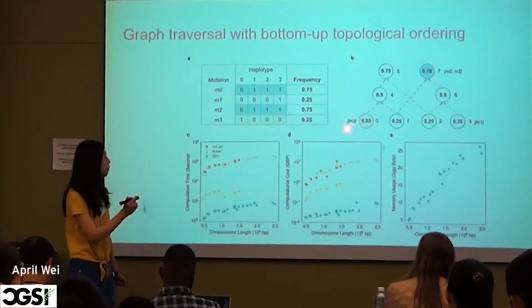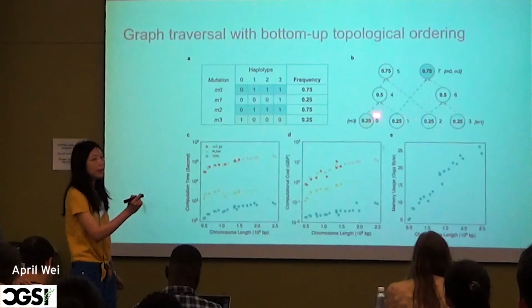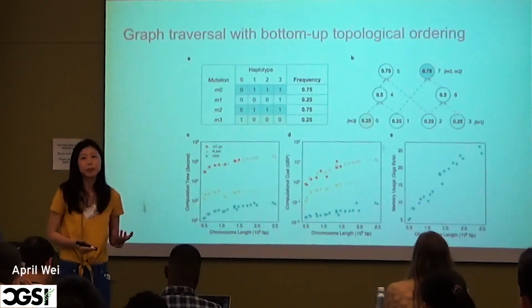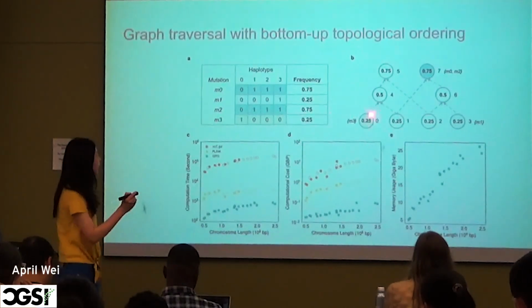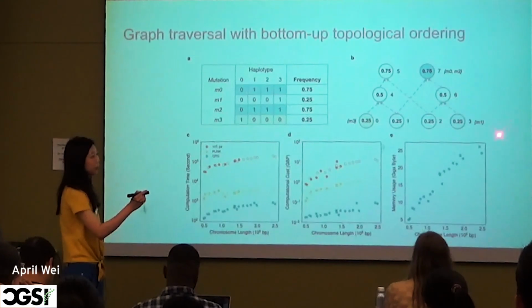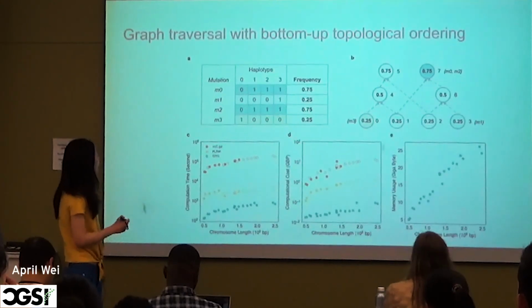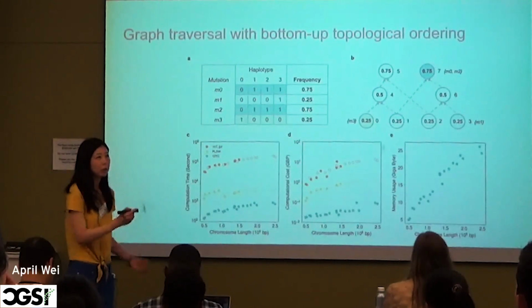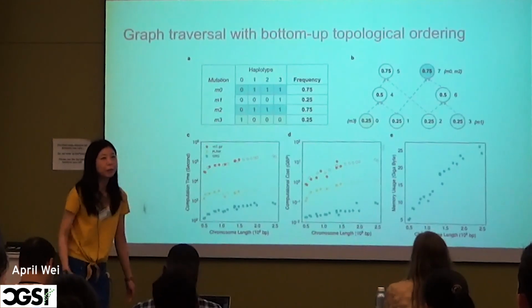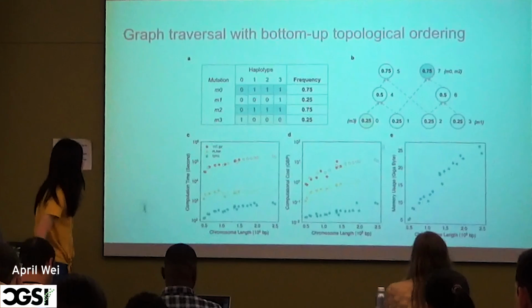And on this graph, each sample node already has a frequency affiliated with it because that's just 1/n. And then each ancestral node will summarize its descendant nodes' frequency, so it's simply adding it up. So we would do one round of bottom-up topological traversal to get the value for all the nodes, and then that gives us the allele frequency of all the mutations.